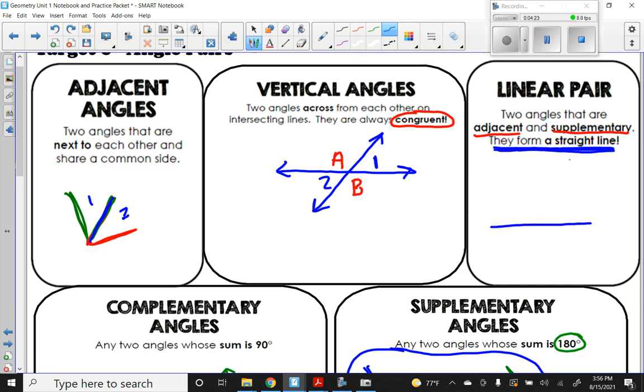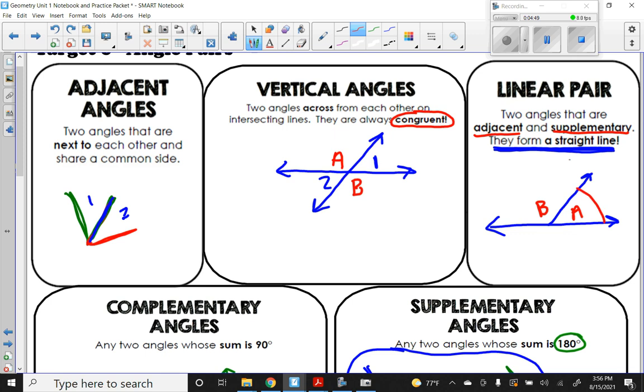So this will be an example of a linear pair. If you take a look at angle A and angle B, they are adjacent, they're neighborly, and they add up to 180 because they're on a straight line. All straight lines add up to 180.